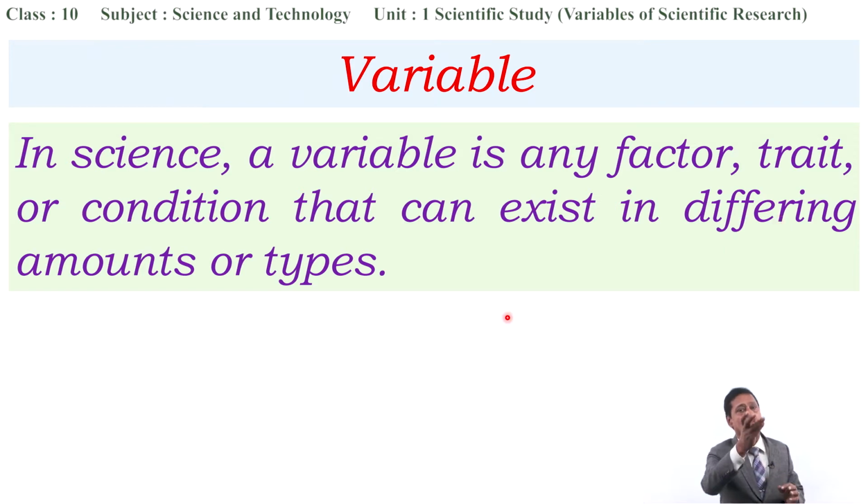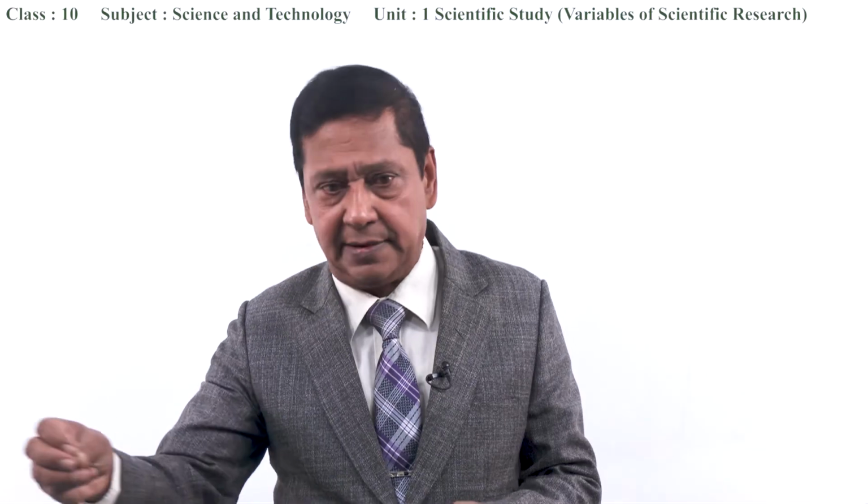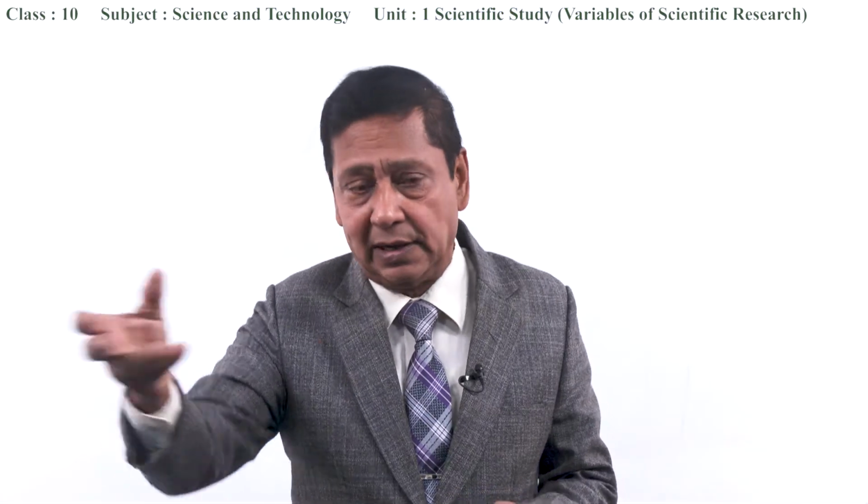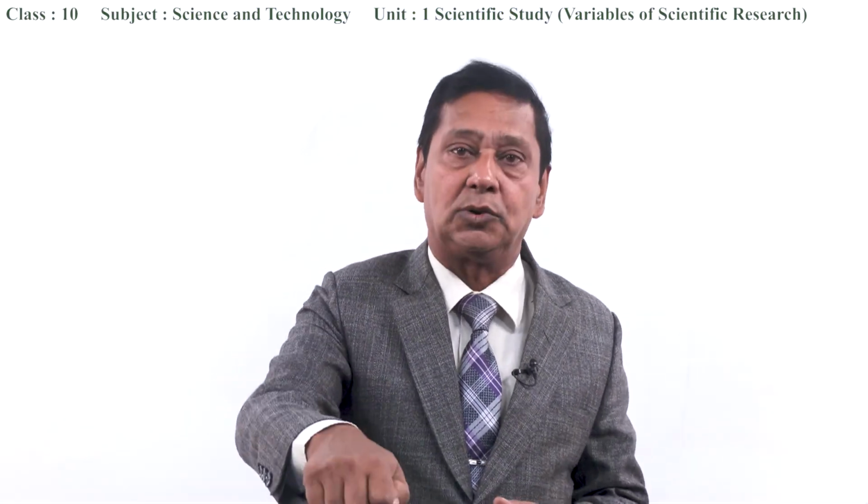Now let's talk about the condition also. What does it mean exactly? A condition may be a variable. If we want to find the relation between the growth of a plant and the availability of water, then what happens? We can take different plants in our field, and one of them will be supplied with a less amount of water.